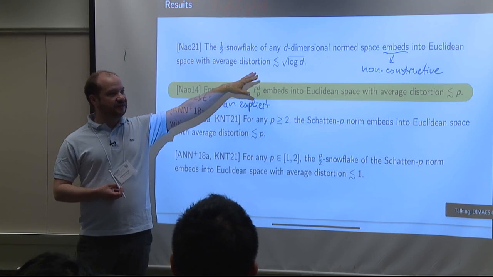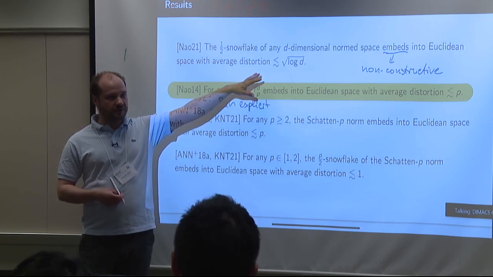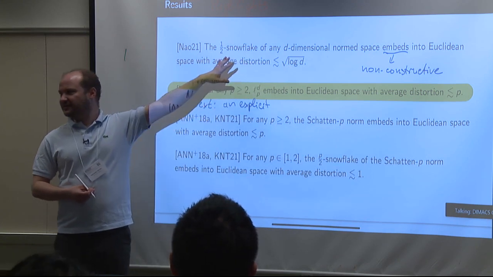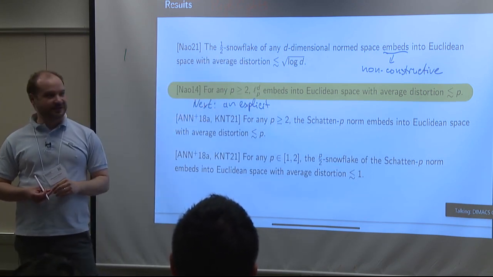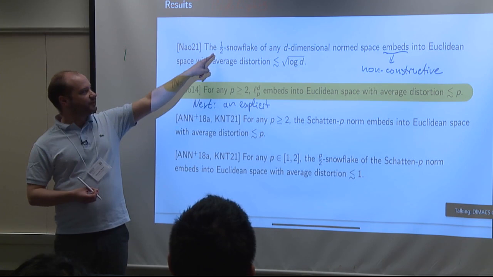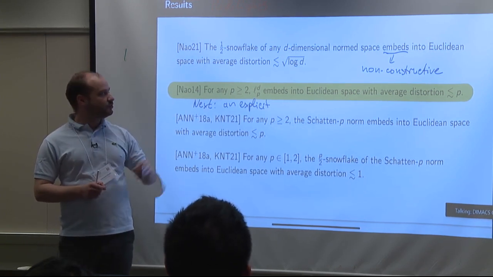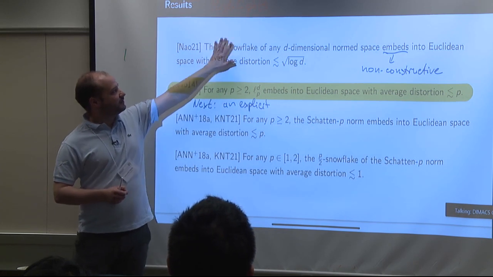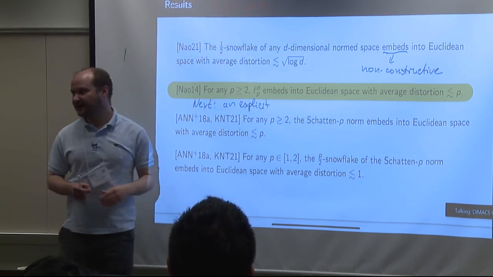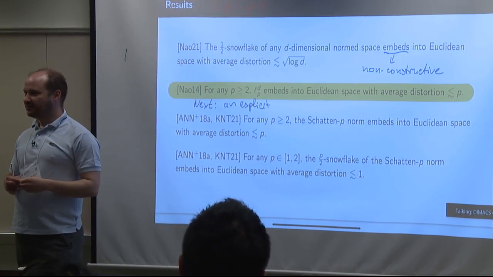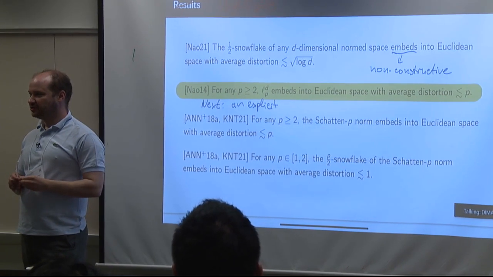This is generally tight, I think, for L infinity. The half snowflake is also necessary there. If I don't do that, then I think I'm stuck again with polynomial distortion.